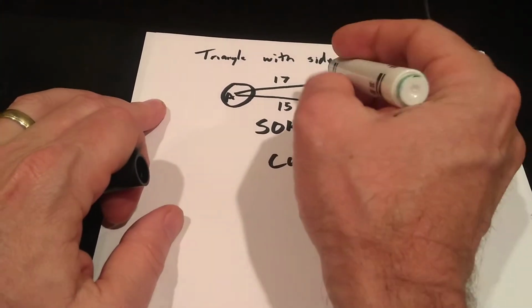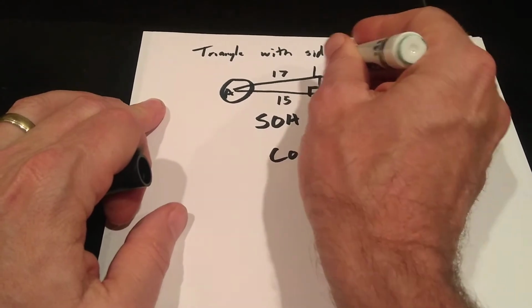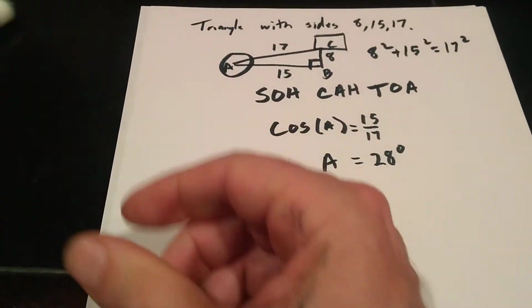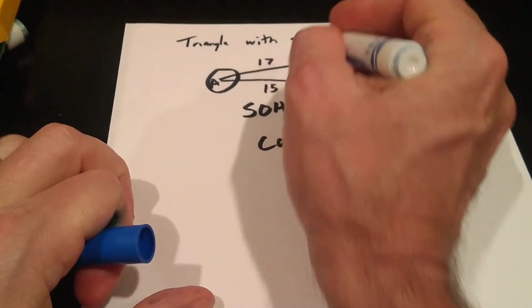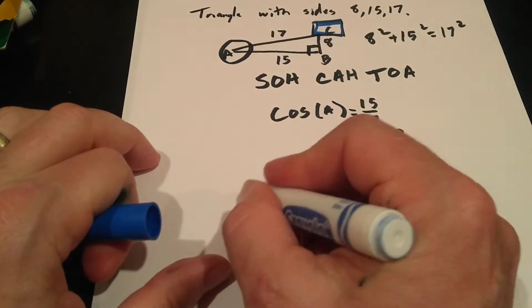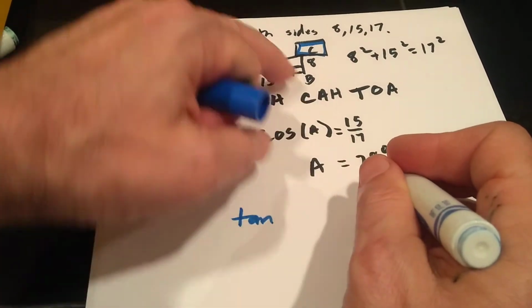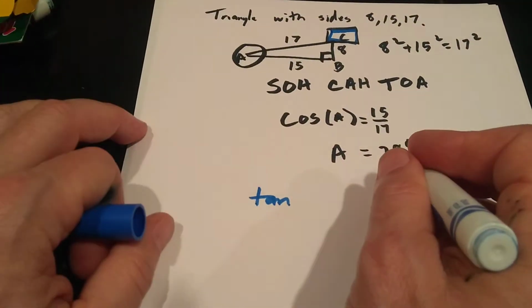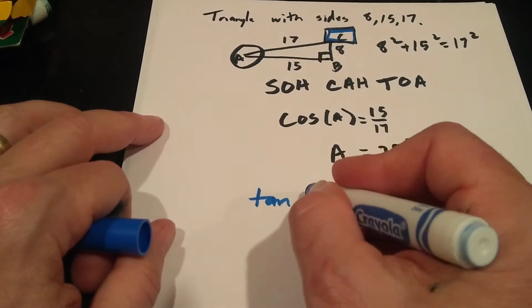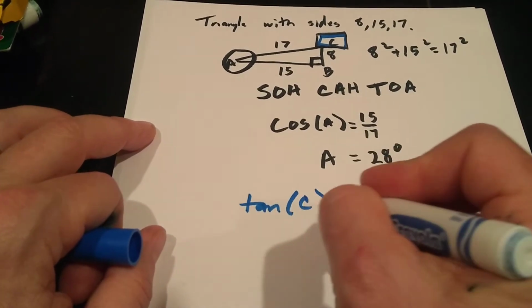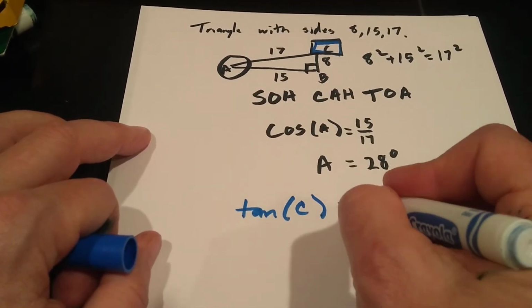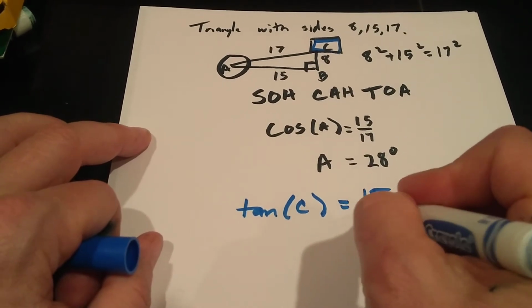I'm going to do the tangent of angle C. I'm going to change colors so you can see what I'm doing. We'll do it with blue. Now I already know what angle C is. If this is 28, this is going to be 90 minus 28, or about 62, I think. So the tangent of C is equal to 15 over 8.